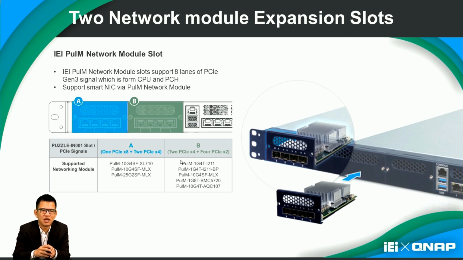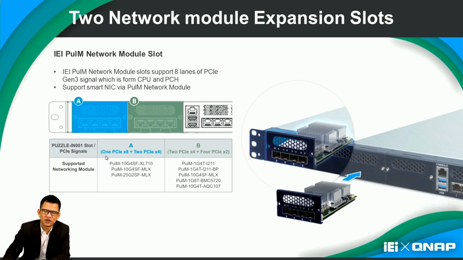This is very special. For the B slot, the signal is from the chipset, supporting 2x4 PCIe signal, and this standard PCIe we can configure as 4x2 signal. So we will also design several network module cards for these 2 configurations.